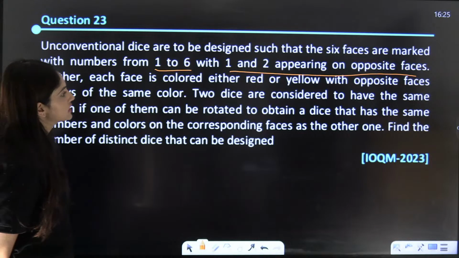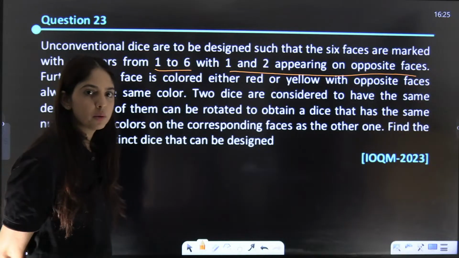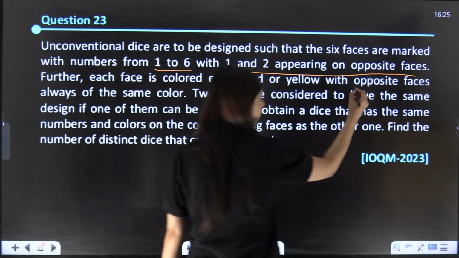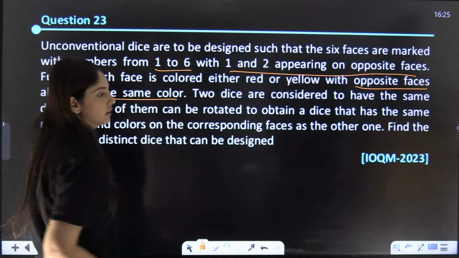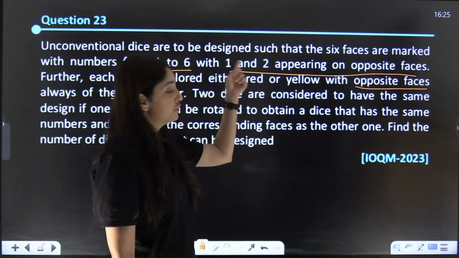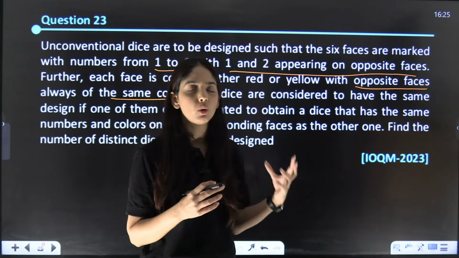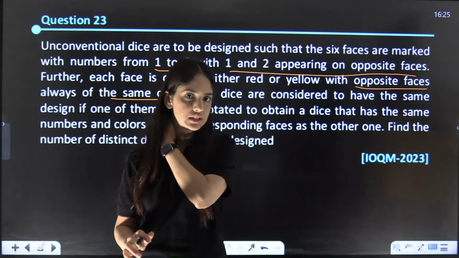Further, each face is colored either red or yellow. So we have two options for each face, but the condition is that opposite faces always have the same color. So that means the face containing 1 and the face containing 2 will have the same color, either red or yellow.